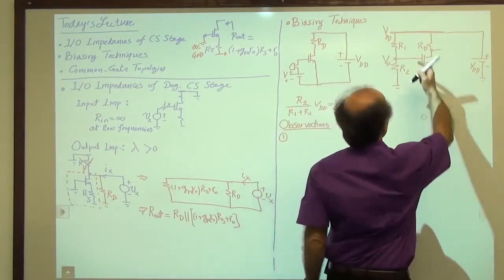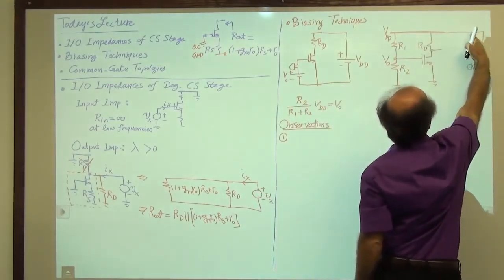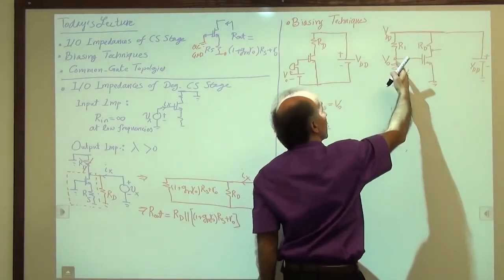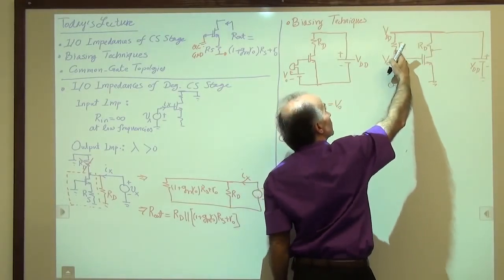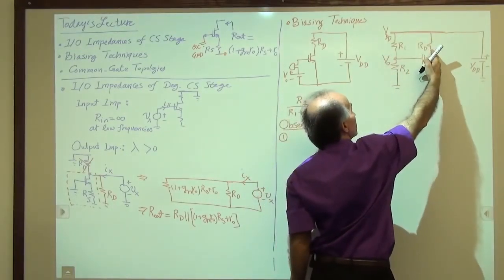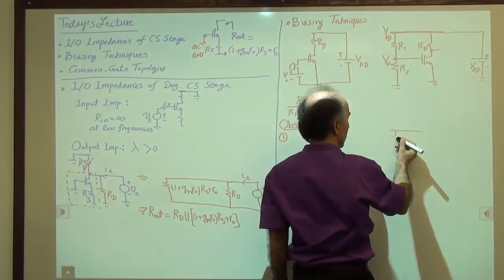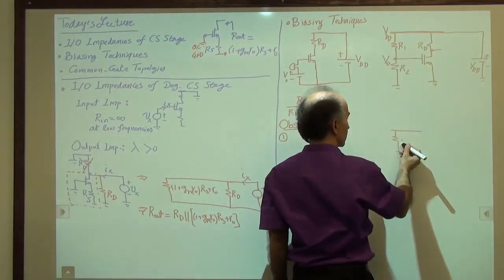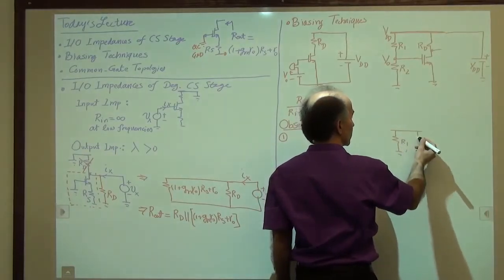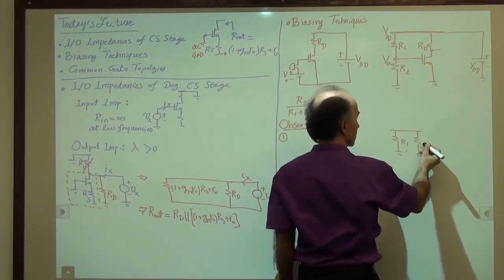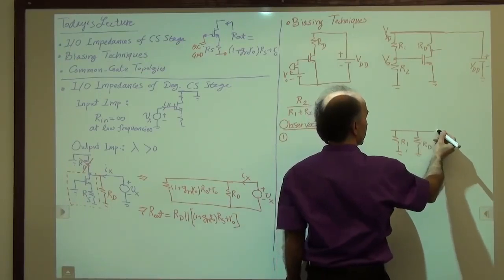So let's do that. If I set this rail to 0, then R1 goes from this node to ground, just like RD goes from this node to ground. So let me draw that like this. I have R1 going to ground, R2 is already going to ground, then I have the transistor itself.